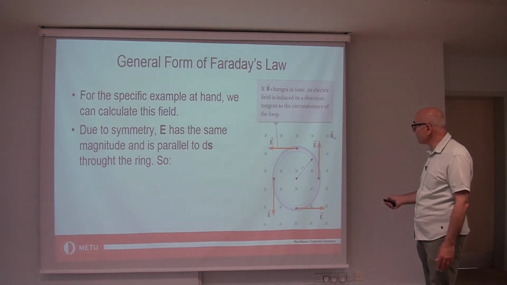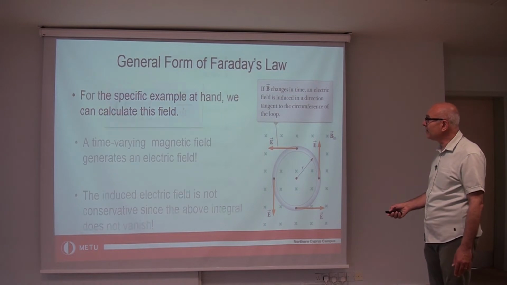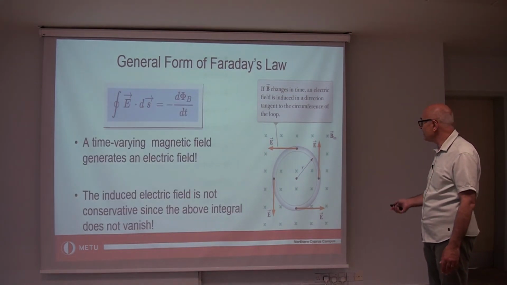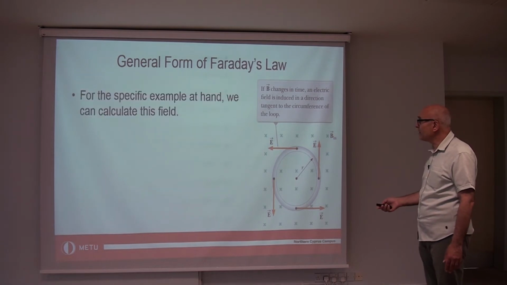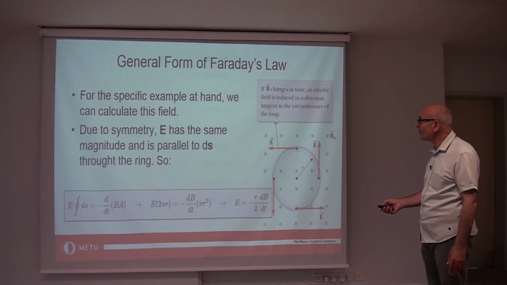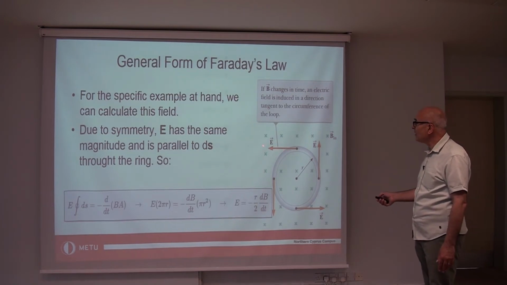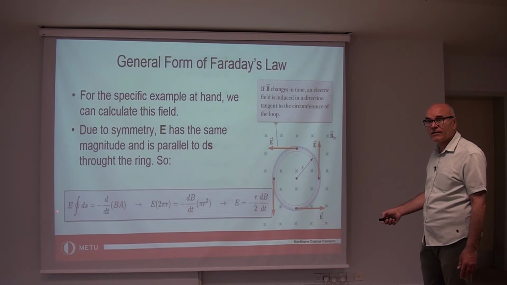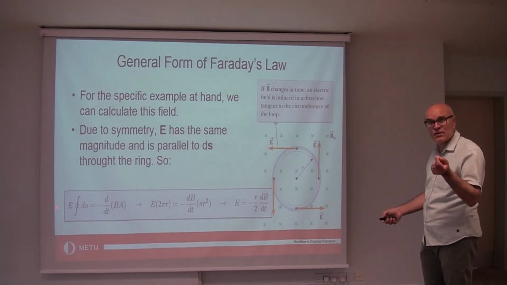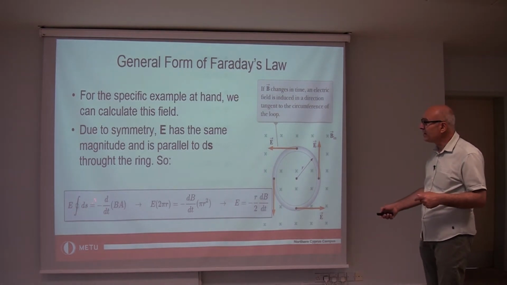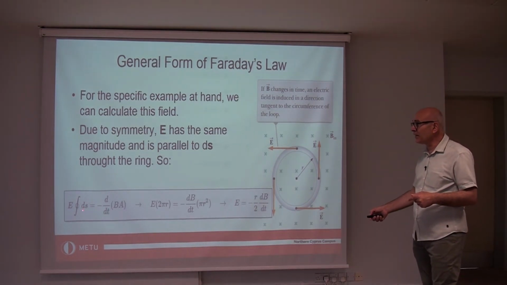Also, if I take my integral path to be the ring itself, then I choose ds parallel to the electric field, so I can take E outside the integral, because E dot ds will be E ds cosine theta. Cosine theta is 1 all the time because E is always parallel to ds. So you take E outside the integral and you get this expression.